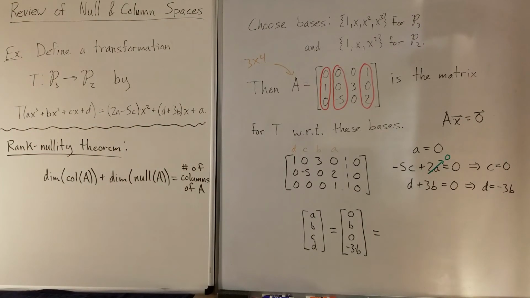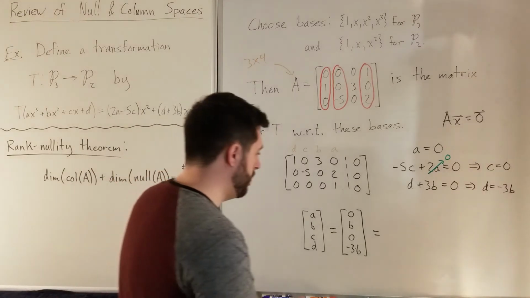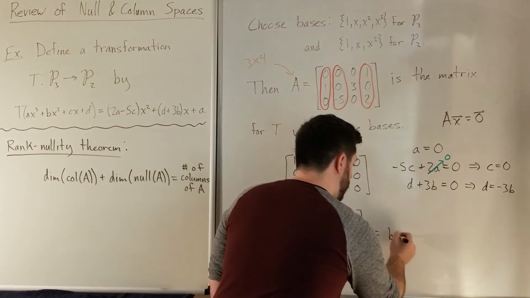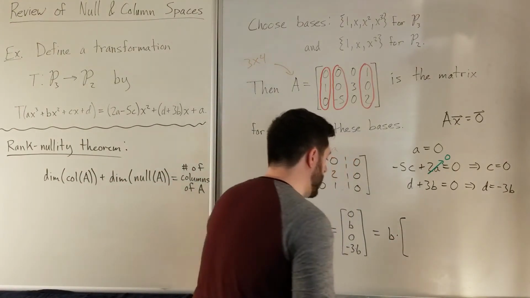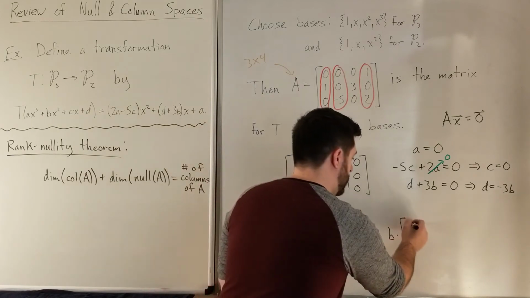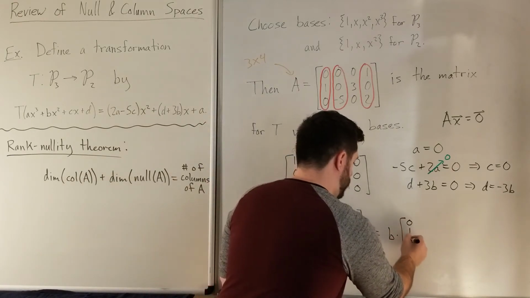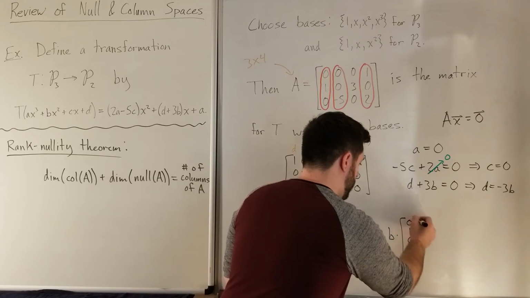Okay, we'll see another more interesting example of this next, but for now, I'm just going to factor out the b, and we have b times the vector 0, 1, 0, negative 3.